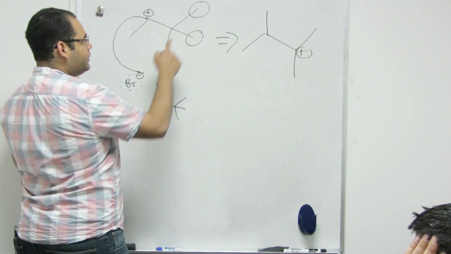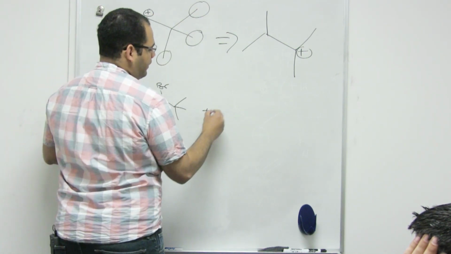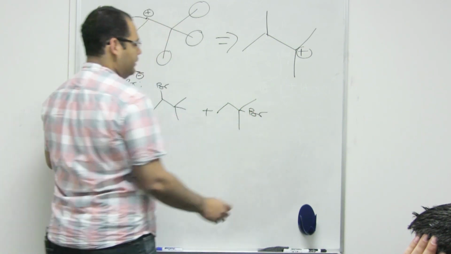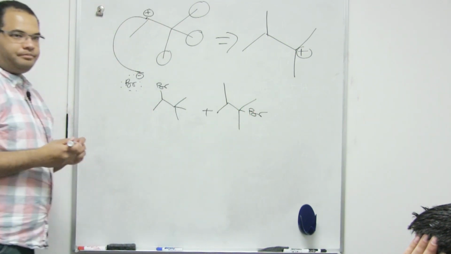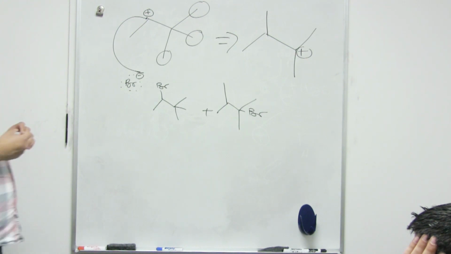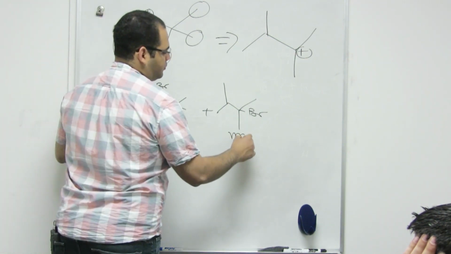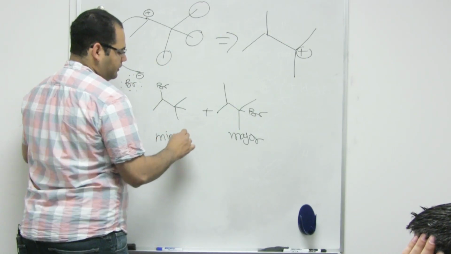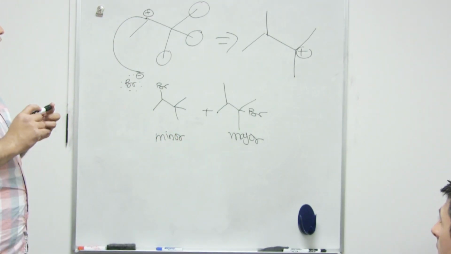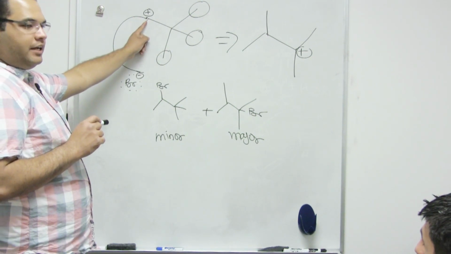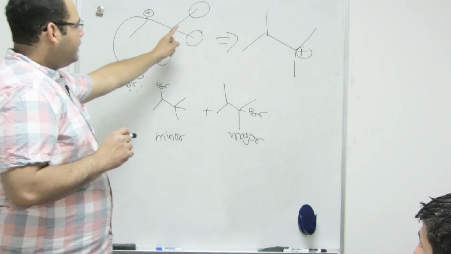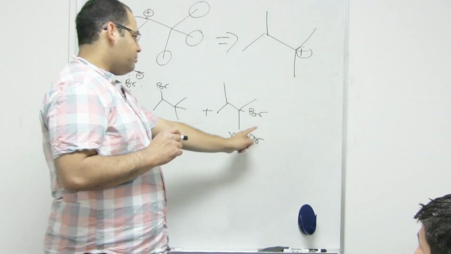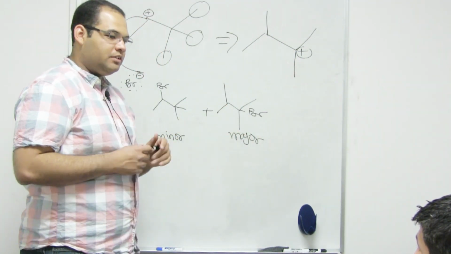Or this one could move, and I could also make that product there. So which one is more correct? Are they both? I would say this one is my major and this one is my minor. I'm still missing that, I don't understand. The reason is that this is a secondary carbocation and this is a tertiary carbocation. Which one is more stable? Tertiary.